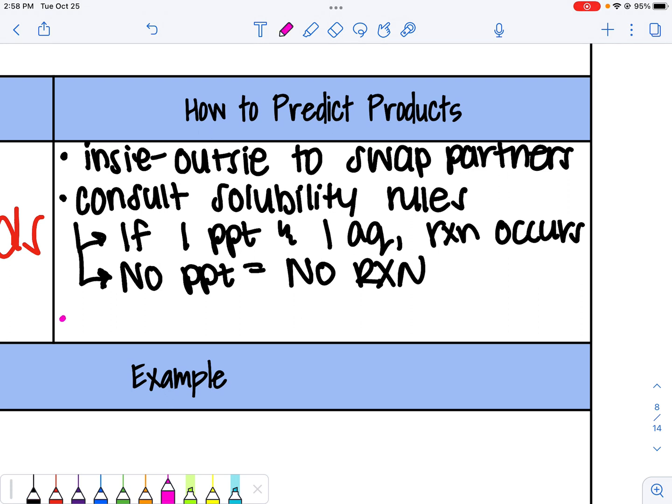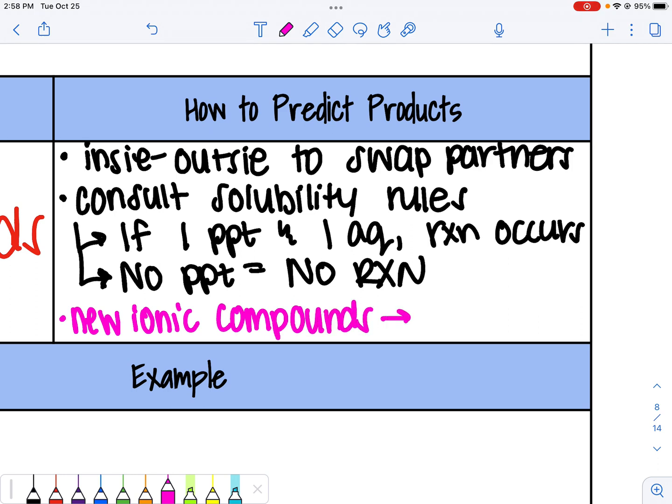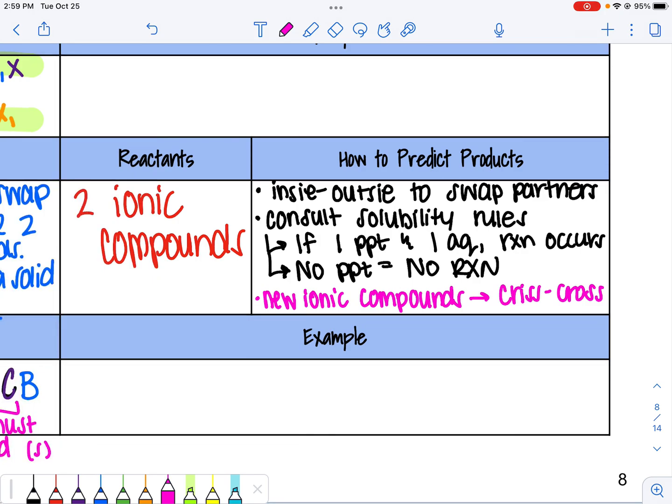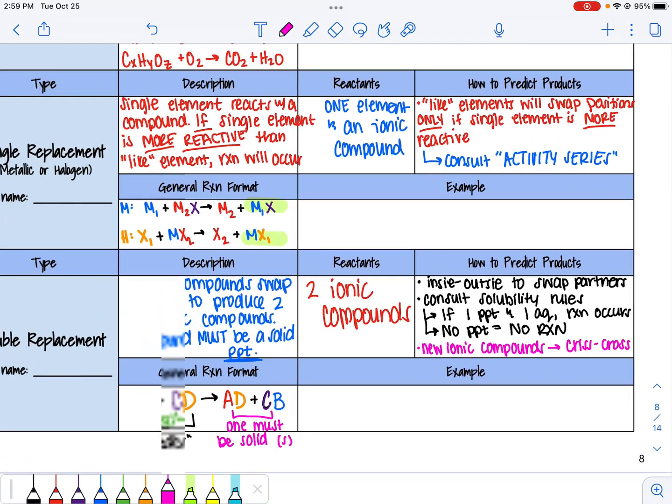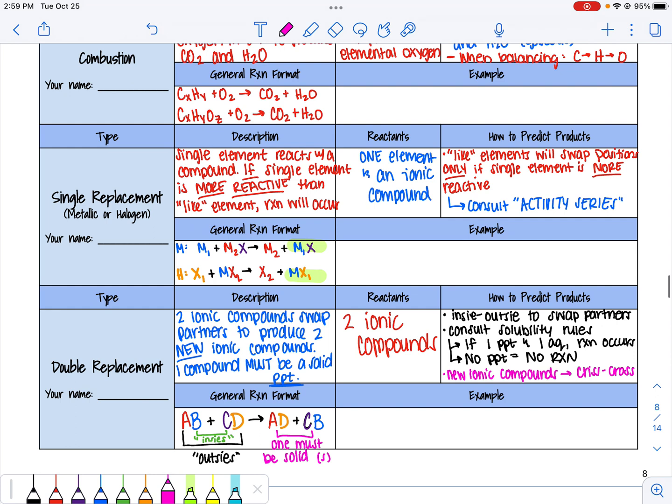The last thing to know about these is because you're making new ionic compounds, that means you have to crisscross. Because you're making new compounds, you want to make sure that the crisscross happens so you can get the new formulas for these ionic compounds. So you can write yourself an example in that box right there, and then we will learn how to actually predict products for all these 6 reactions tomorrow in class.